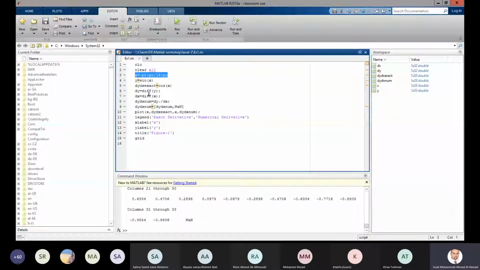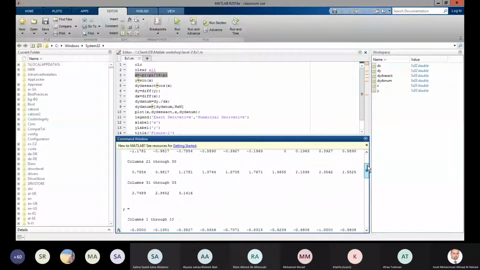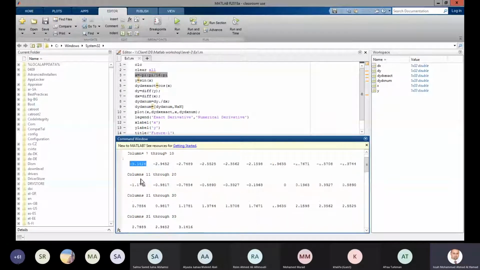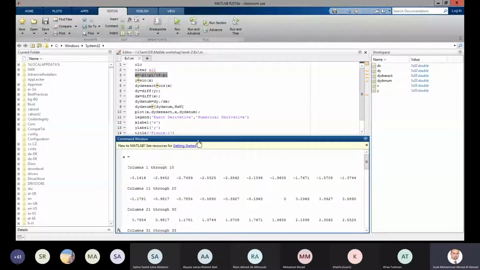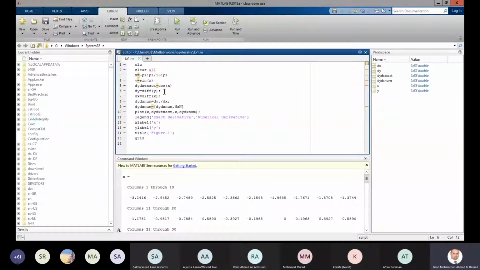We are doing this numerically, so we are not using syms x, we are using a vector x. Let me show you the value of x here. All these are values of x. It starts from minus pi up to pi. So diff works for a vector and it also works for symbolic variables.